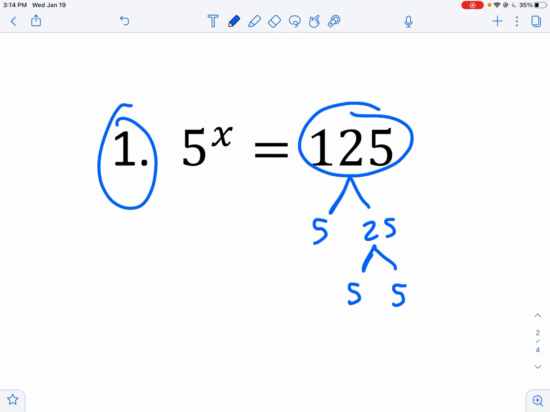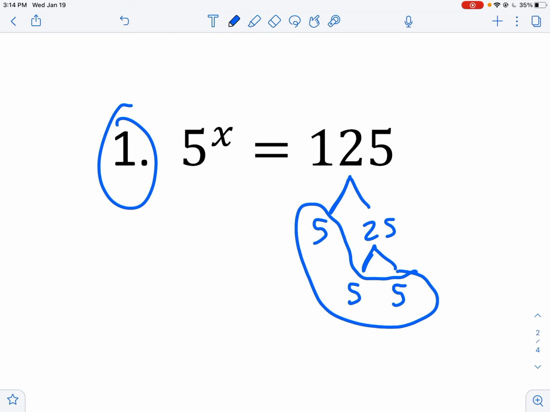But you just take this, you draw 2 little lines that represent these 2 things times together and make this thing up here. And we just keep factoring as we go down. And now we've reached all 5s. You count how many 5s are at the end of all these branches, and that's the power that you put on 5 to make 125. There are 3 of them, and so 125 is equal to 5 to the third.